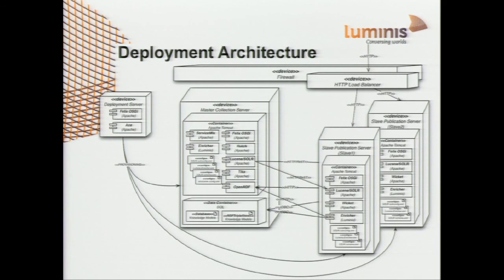So let's take a look at one of our typical ways of deployment. From a collection server, we took one big server to do all the collection process work, and we stored them in indexes from Solr, and we had a couple of what we called slave publication process servers, and we could just add more of that.